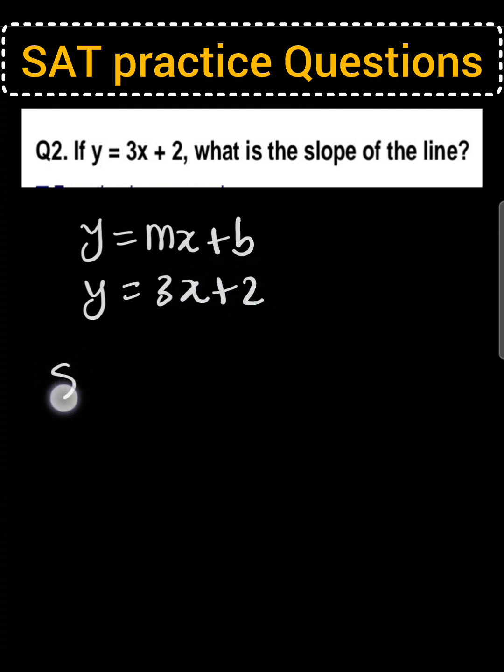Remember, slope is the same as m. We are asked to find the slope of this line given this equation, y equal to 3x plus 2. By comparison, we can say the value of m is going to be 3. Therefore, the slope is going to be 3. So that is what you get when you compare the two equations.